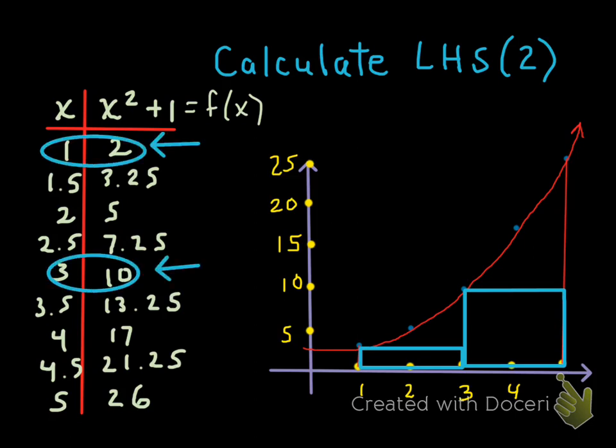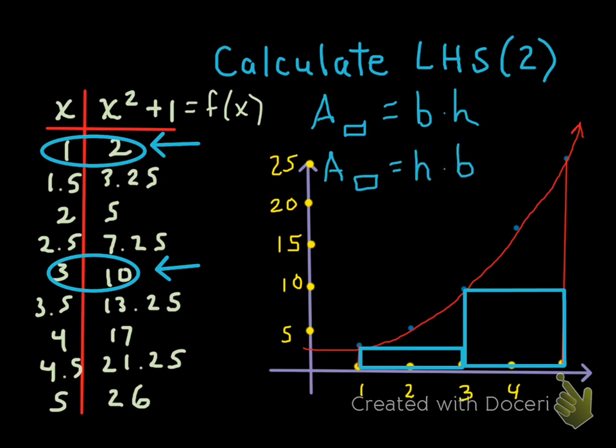I take these 2 ordered pairs from my table. So I see the height of rectangle 1 is 2, the height of rectangle 2 is 10. Each of those rectangles has a base of 2. I realize the area of a rectangle is base times height. It's going to help you if you think about the area of a rectangle as being height times base.